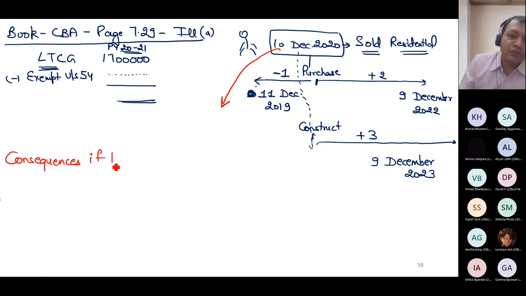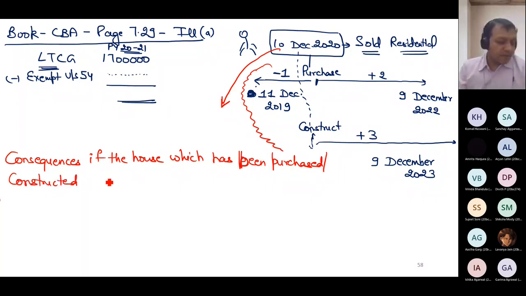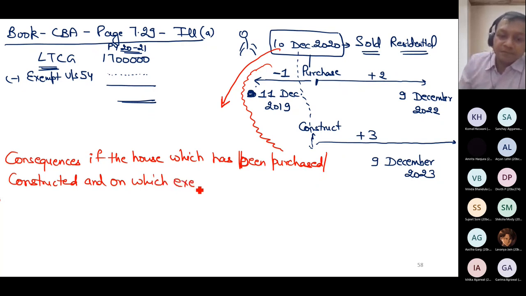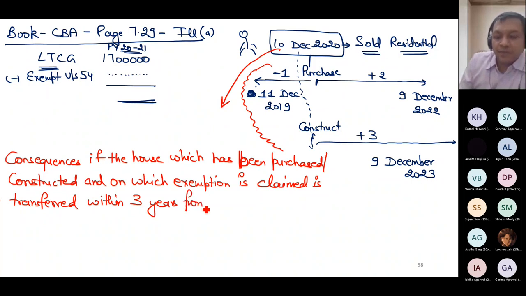Consequences: if the house which has been purchased or constructed, this new house, on which exemption is claimed, is transferred within 3 years from the date of its purchase or construction.